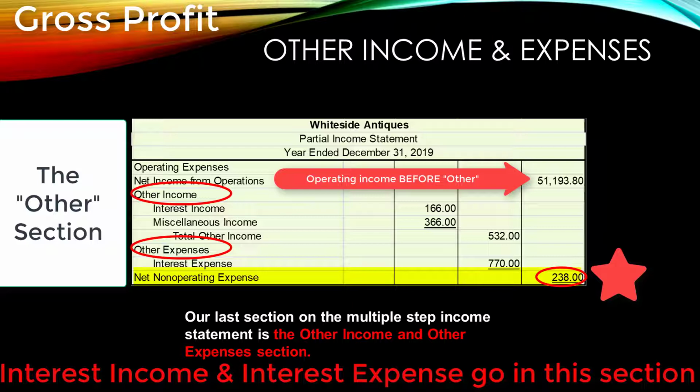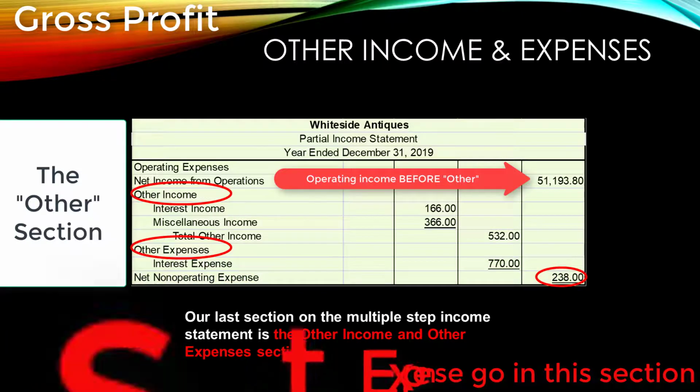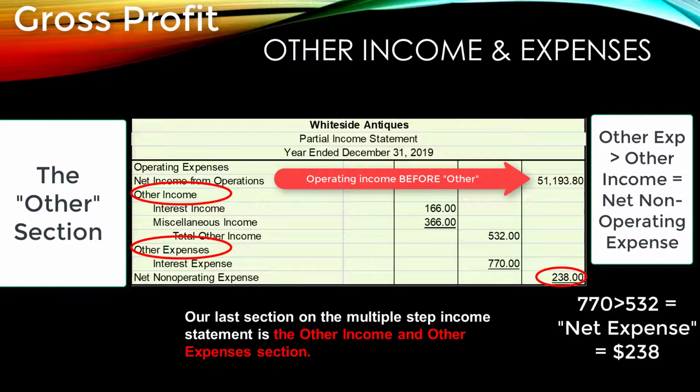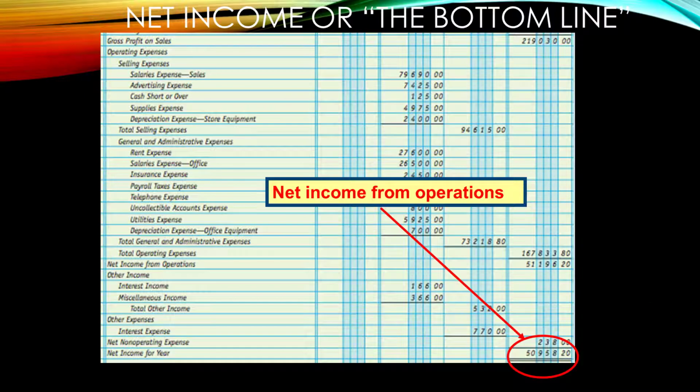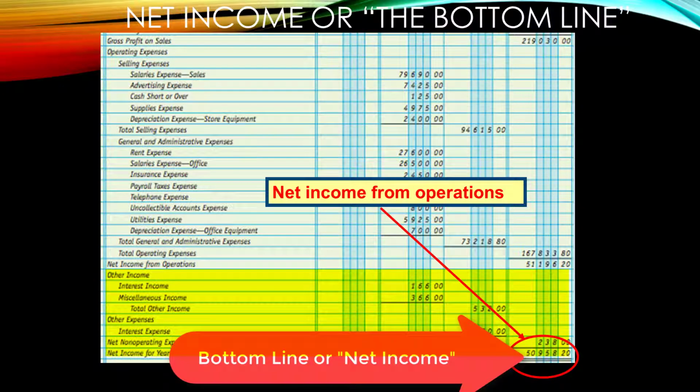Since the other expenses of $770 were higher than the other income of $532, these are subtracted or netted to equate to a net non-operating expense of $238. Since this is a net expense, it will be deducted from the subtotal above it to come up with net income. Here's how that last section would look in the last half of the income statement.